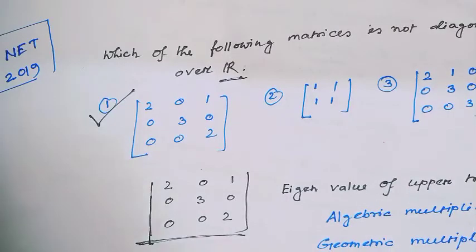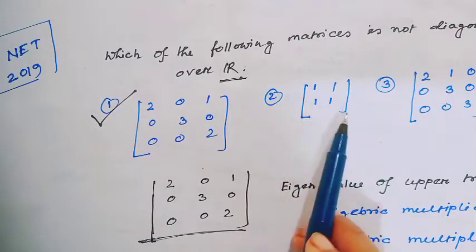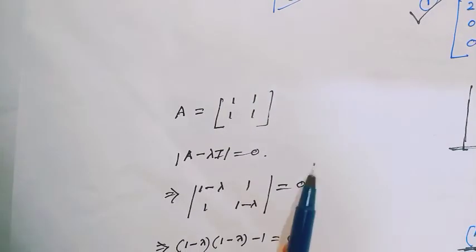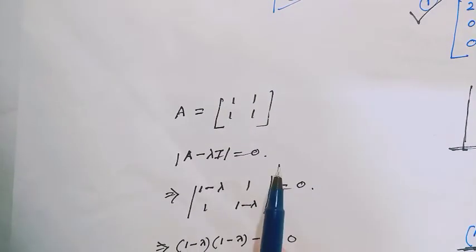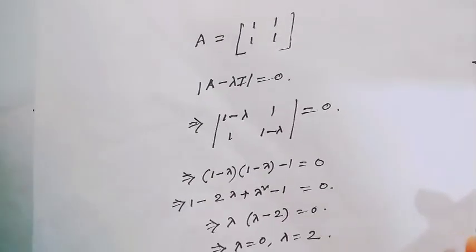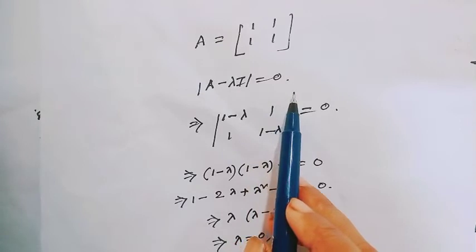Next, the 2 by 2 matrix 1, 1, 1, 1. For this, at first we have to find the characteristic polynomial, that means the determinant of A minus lambda I equal to 0.